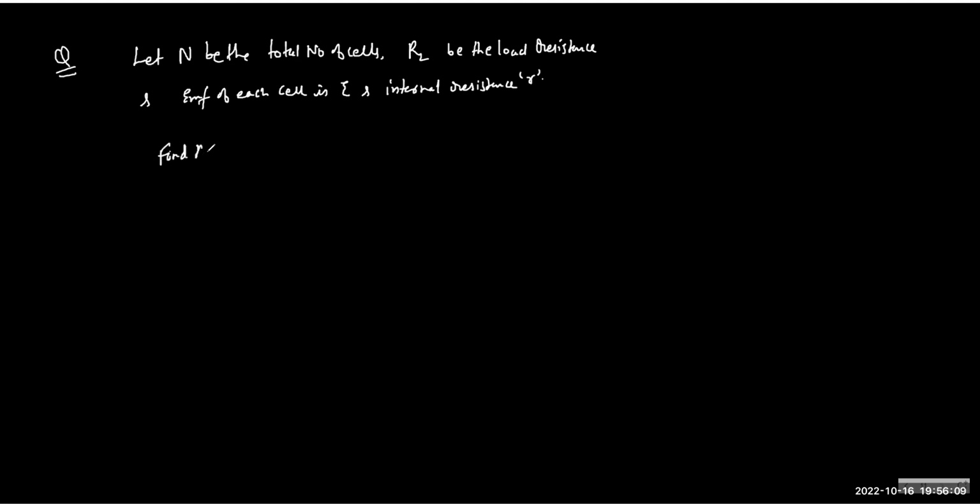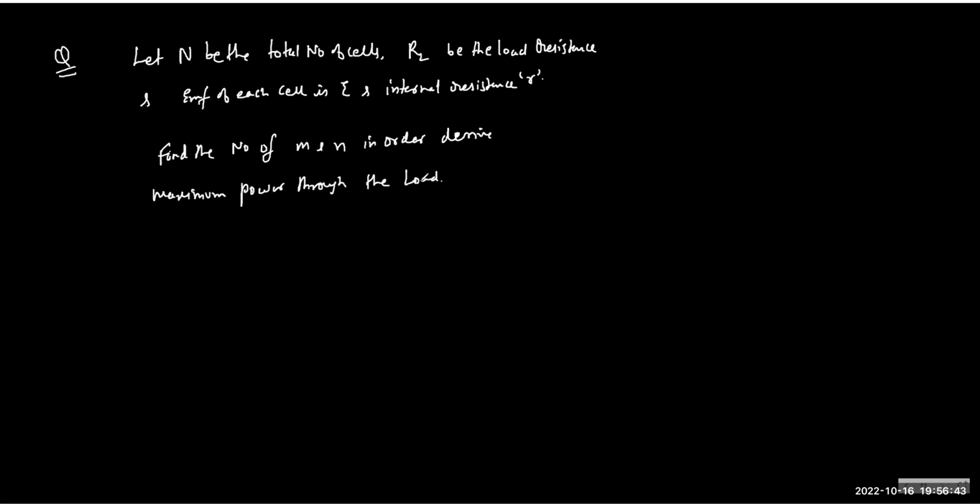Find the number of rows and columns, the number of m and n, that's just shortcut, in order to derive maximum power to the load.